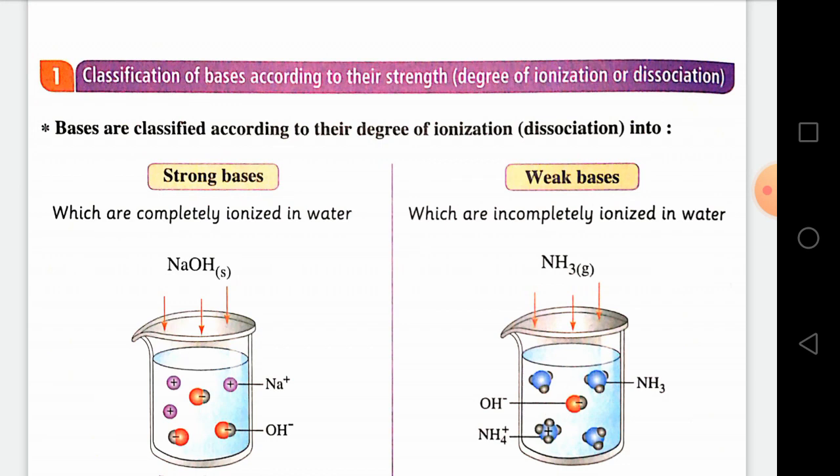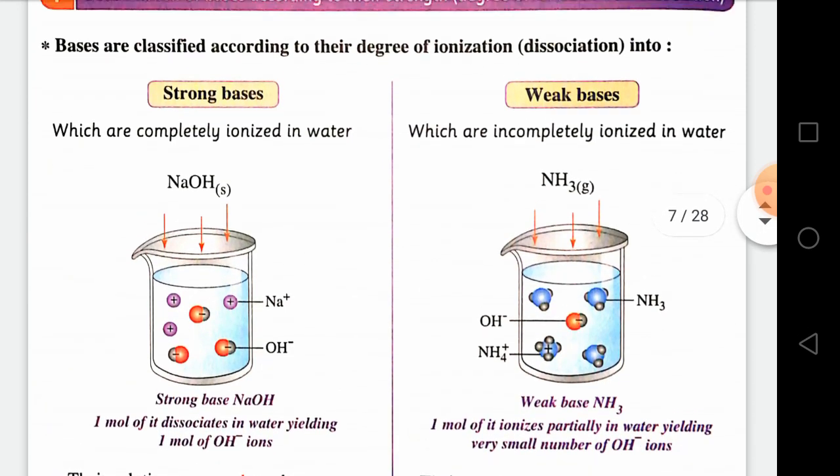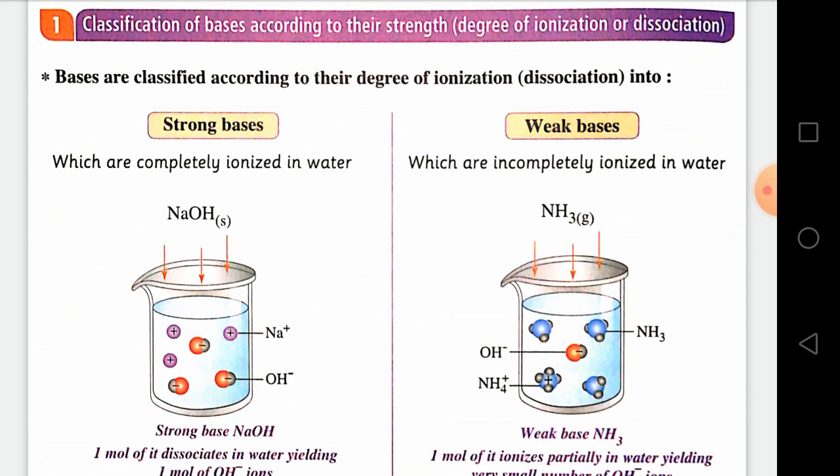Strong bases are completely ionized in water, while weak bases are incompletely or partially ionized in water. For example of strong bases, potassium hydroxide, sodium hydroxide. While weak bases, for example, ammonium hydroxide.